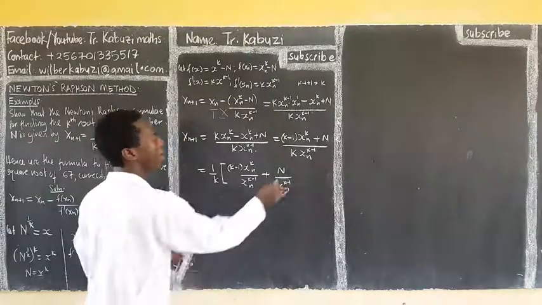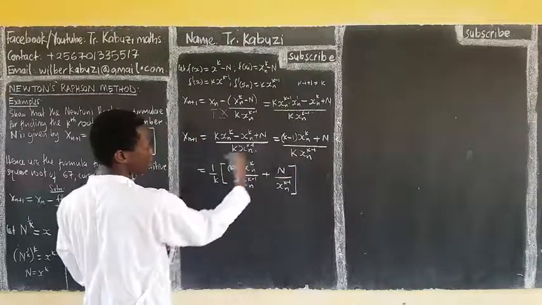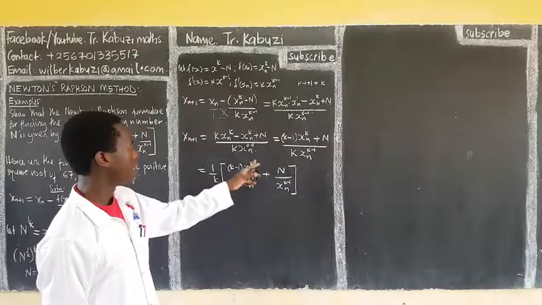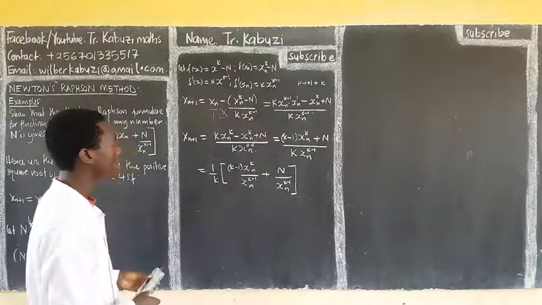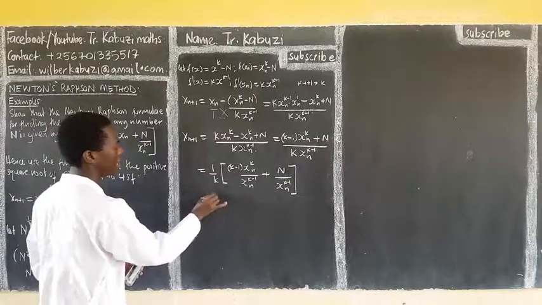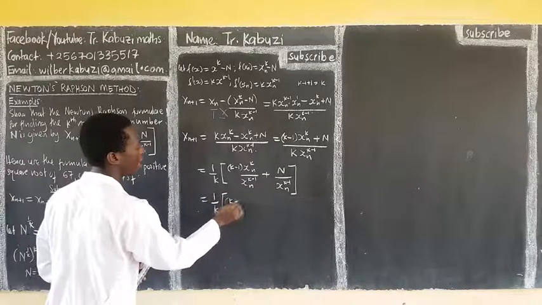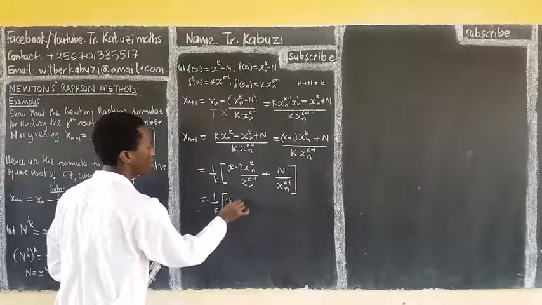Remember, I have pulled this out here. Now here we need to simplify. When I take this up, you see now the powers will change into now k minus 1.